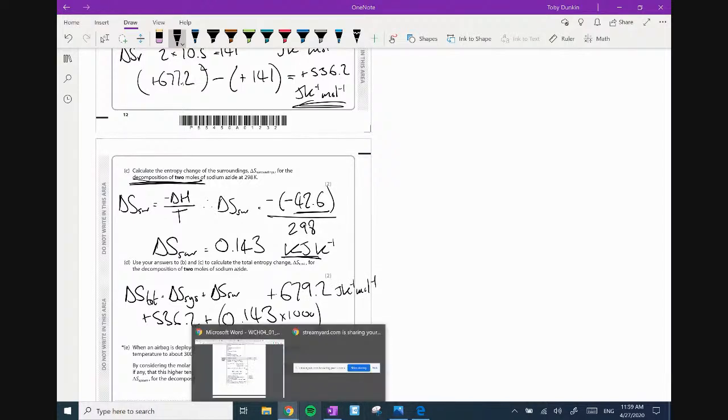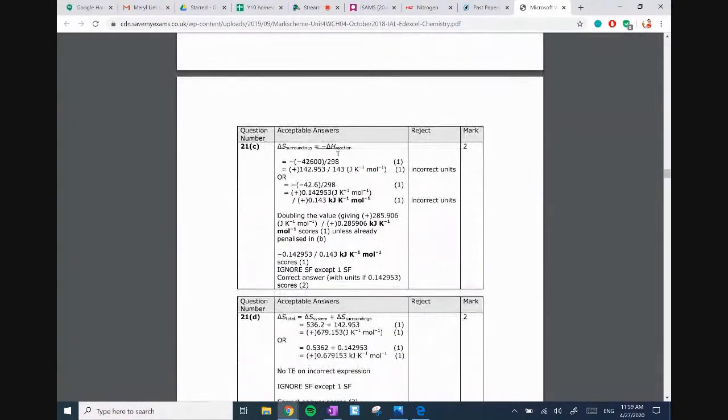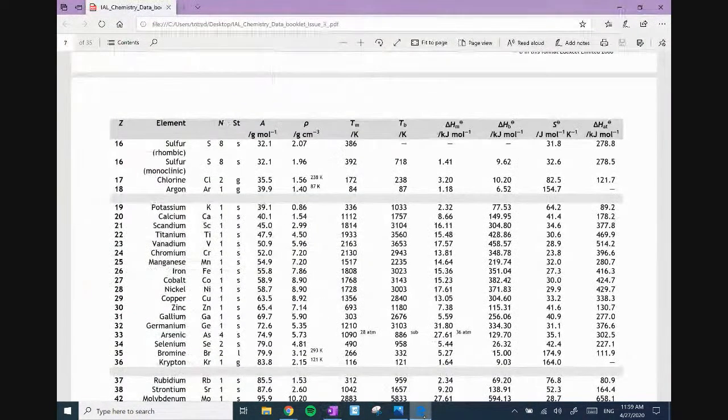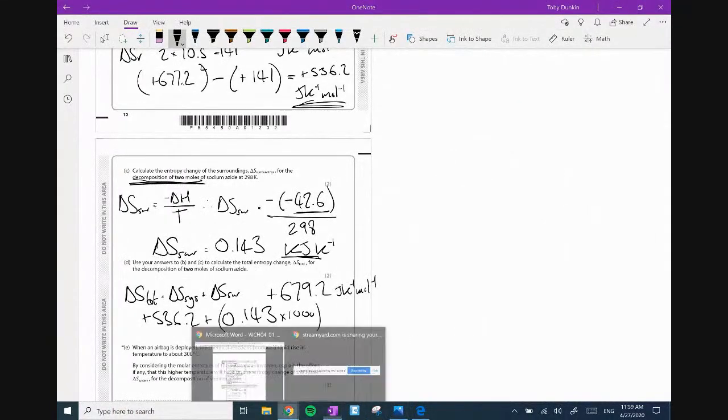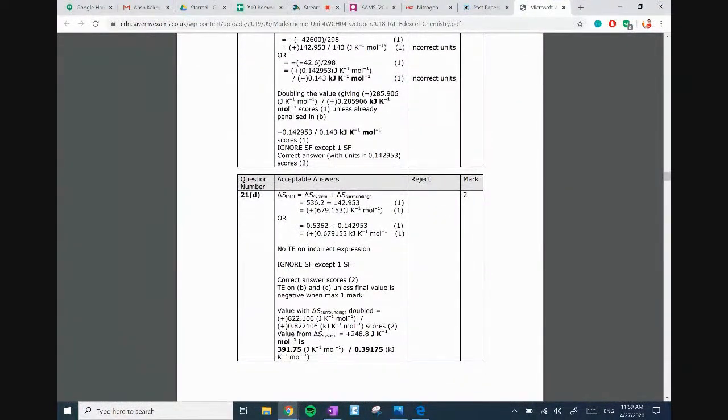Mark scheme, and I don't trust myself now at all. It's been a nightmare. Either way, whichever one you get, divide it up, times it up, whatever. 143. Oh, hang on. What have I just managed to do? Sorry, plus 679.2.